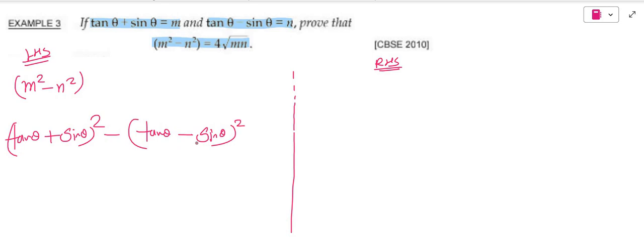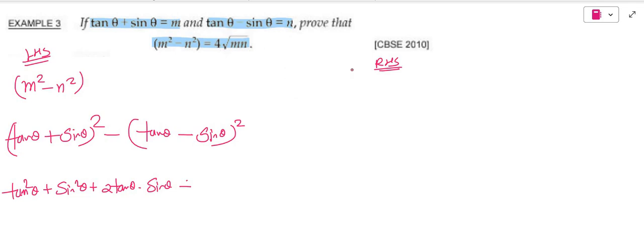ठीक है, अब हम खोलेंगे, a plus b whole square is tan square theta plus sin square theta plus 2 tan theta sin theta. ठीक है, माइनस, चलिए माइनस करते हैं. Minus is, what is this? Tan square theta plus sin square theta minus 2 tan theta into sin theta, correct? Okay, is it clear? Okay, now what can we do?